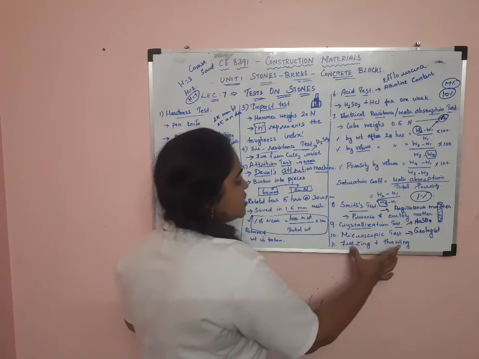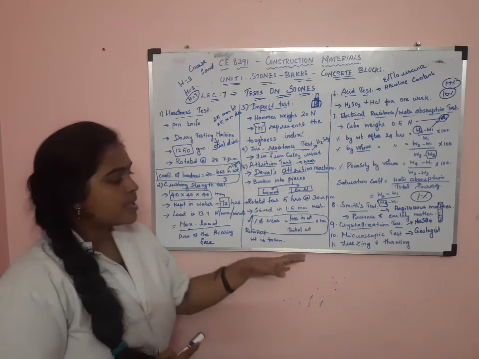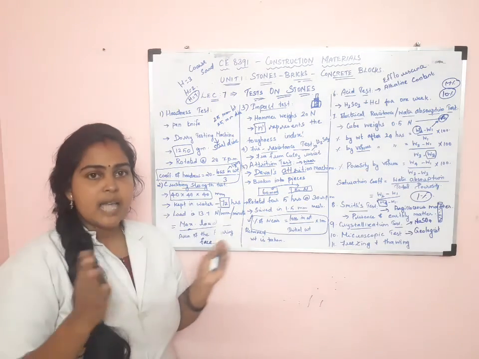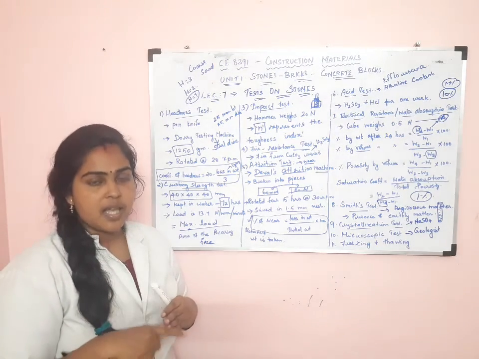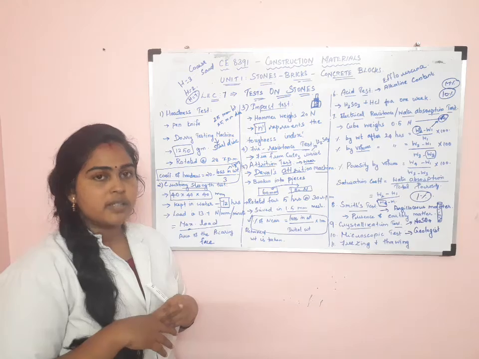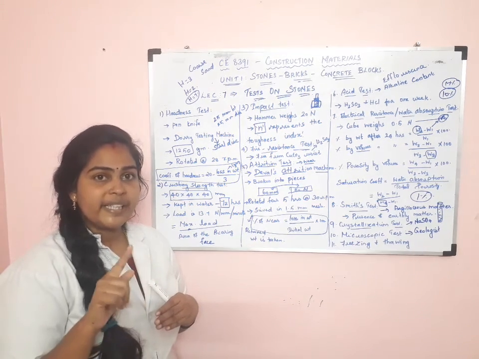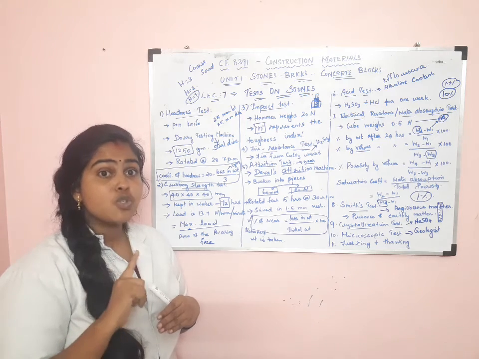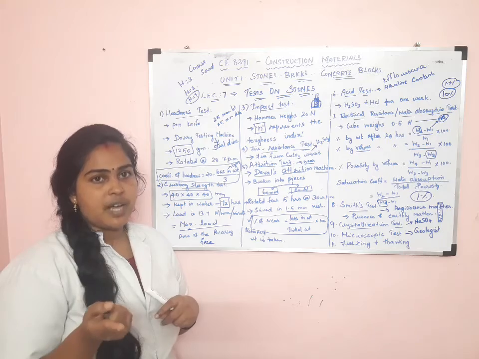Next test is the freezing and thawing test. For doing this test, first the sample is taken and immersed in water for 24 hours. After taking it from the water, it is immersed in a freezing mixture of minus 12 degrees Celsius for 24 hours.